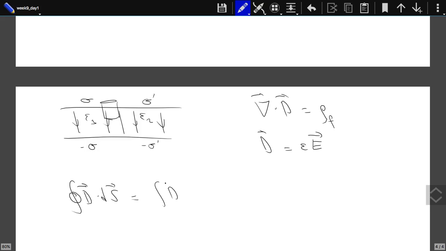Well, then this integral is just D dot dS on the side plus D dot dS at the top plus D dot dS at the bottom.